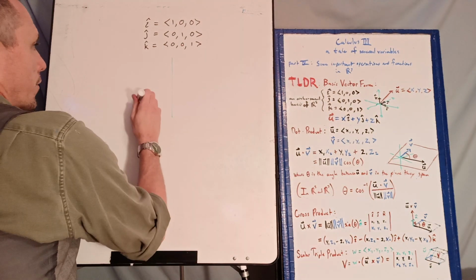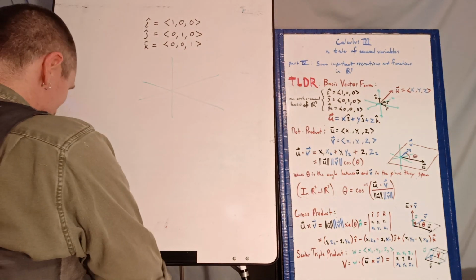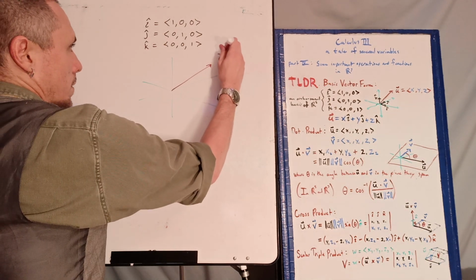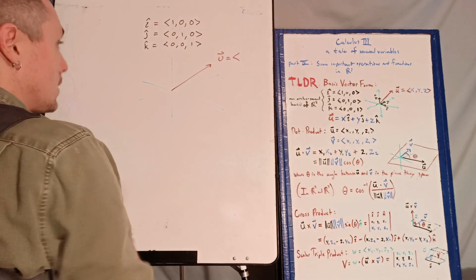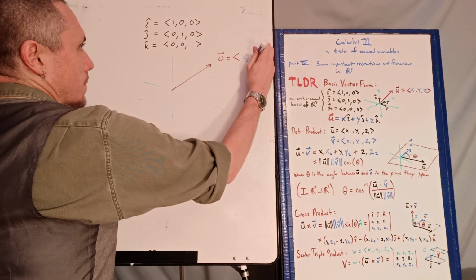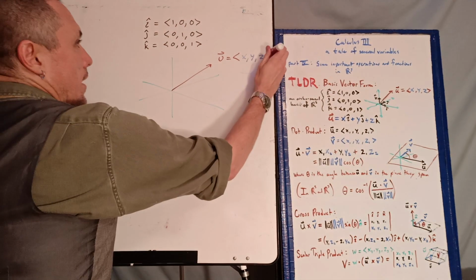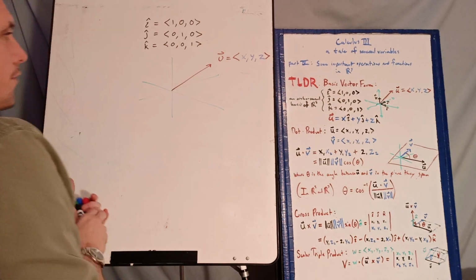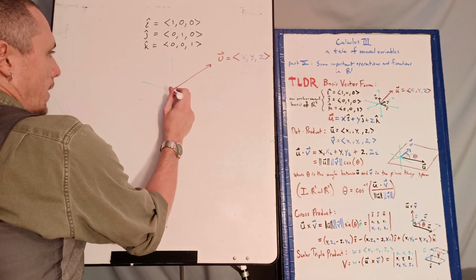So just to draw the picture again real quick, if I have a coordinate system, and I have some u in that coordinate system, so any vector, and let's say this vector has components x, y, and z. Then we can decompose this in terms of a sum, or a linear combination, of basis vectors.